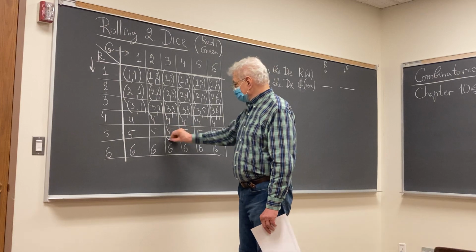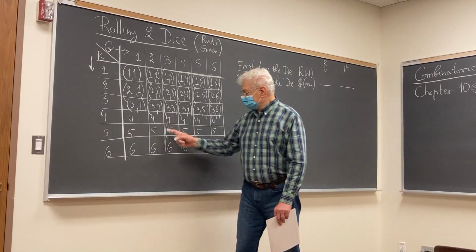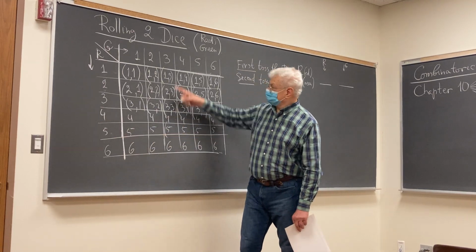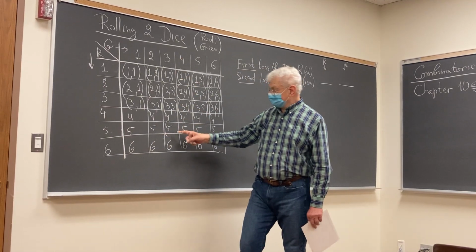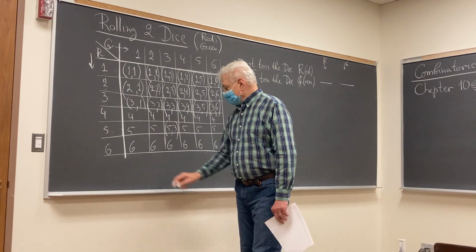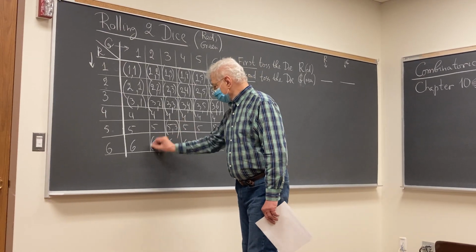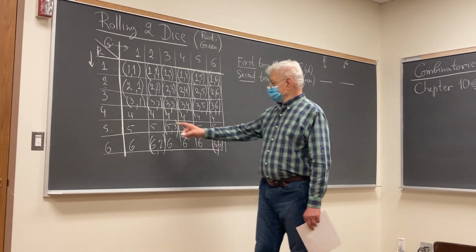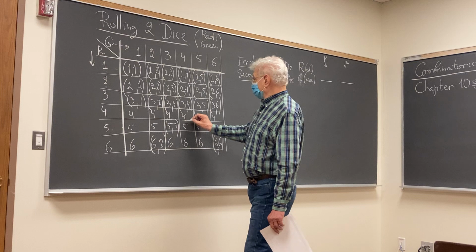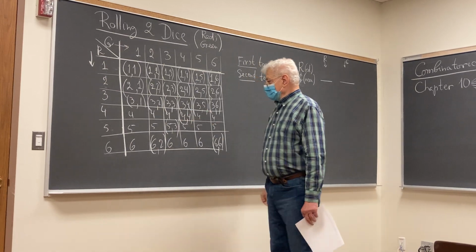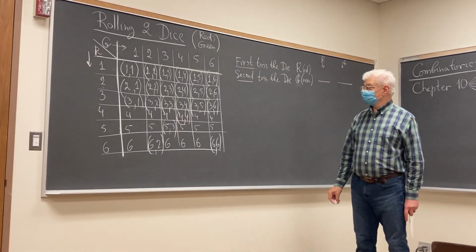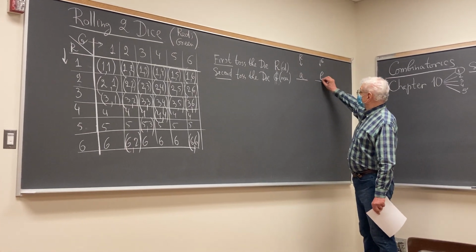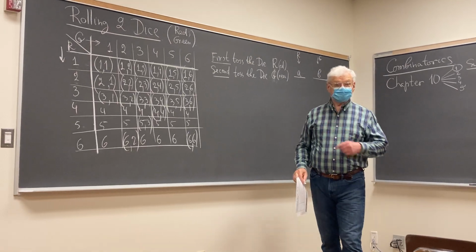Say, this square corresponds to the first die being 5 and the second one being 6. So you take the intersection, and the answer is 5, 3 here. Over here is 6, 2. That one is 6, 6. That one is, say, 4, 4. And so on. How many outcomes? The first outcome is A, and the second is B. Does it remind you of something?